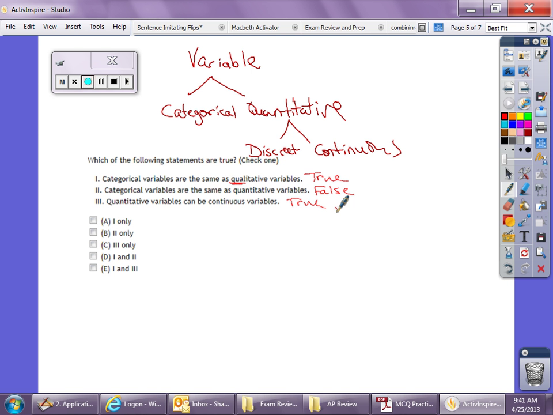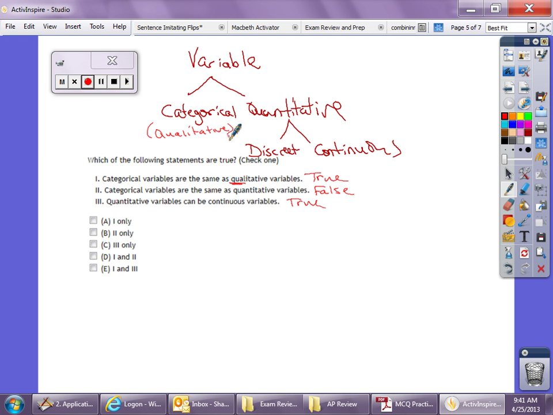So variables are our general term. We have categorical. Another name for categorical is qualitative. We have quantitative as well. Quantitative variables break down to discrete, which generally means we're counting by whole numbers. In a broader picture, it means that there's some finite ending and beginning to the interval of counting.